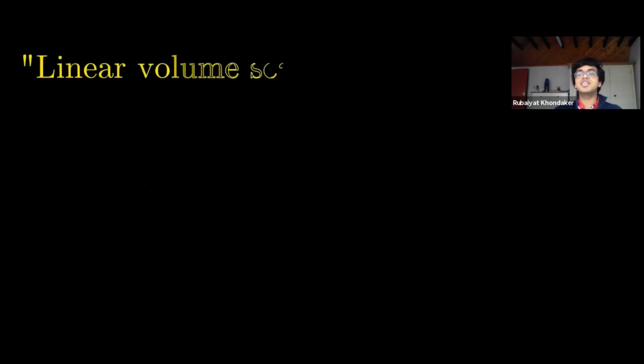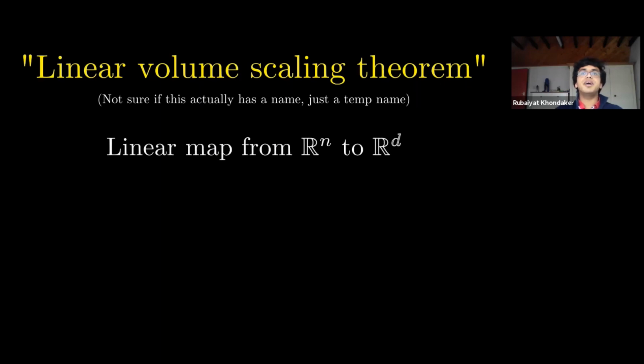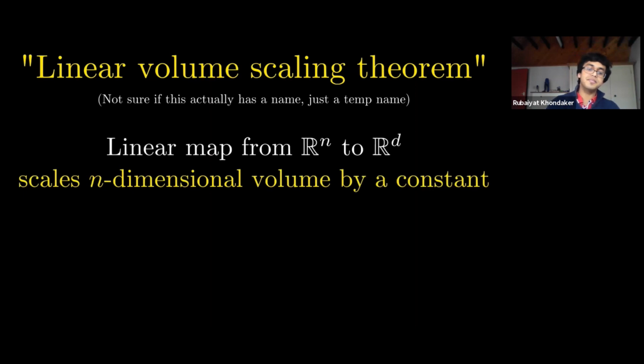So we have something which I like to call the linear volume scaling theorem. I'm not sure if this actually has a name. It's that if you have a linear map from n-dimensional space to d-dimensional space, and here we're not using the restriction that n could be less than d. n could be equal to d, it could be bigger than d, we don't really care. Then we have the remarkable property that this always scales n-dimensional volume by a constant. Always.